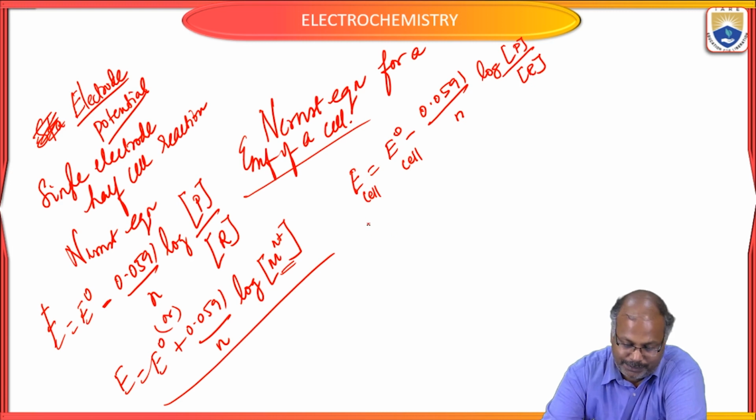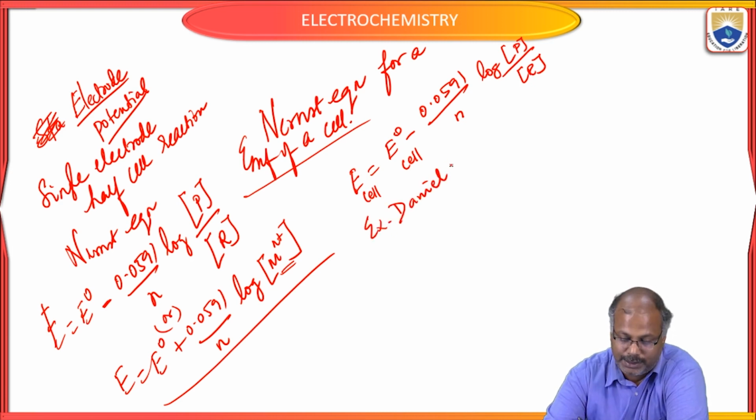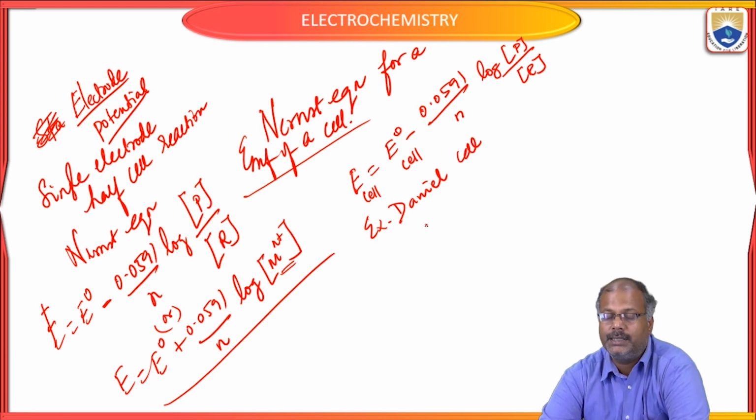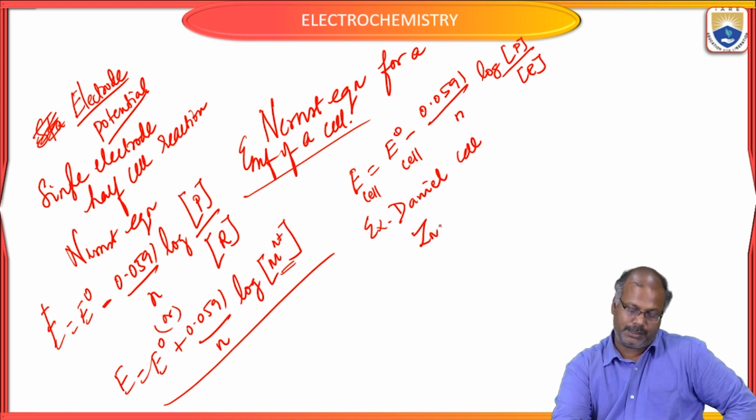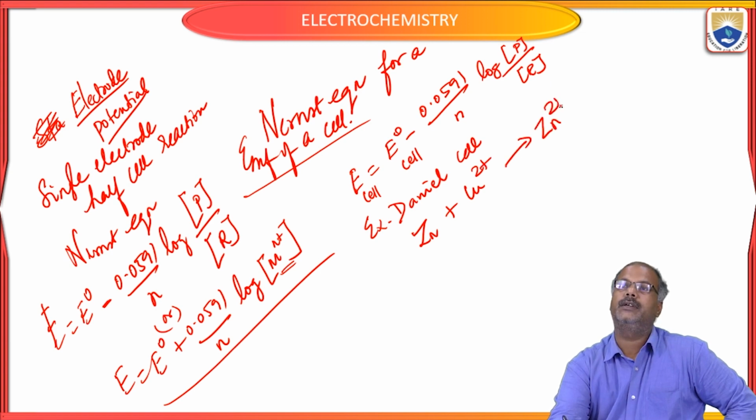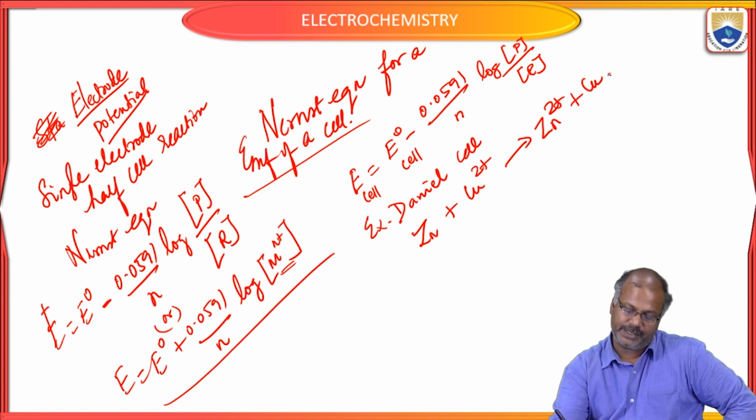So if you take the example of the Daniell cell, what is the cell reaction? Zn plus Cu2+ gives Zn2+ plus Cu. Now this is the Daniell cell reaction.